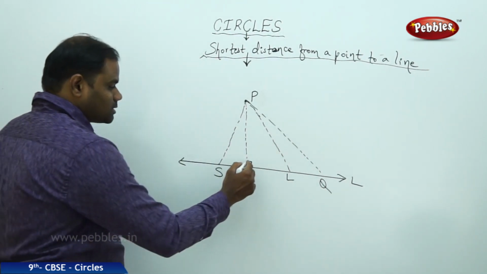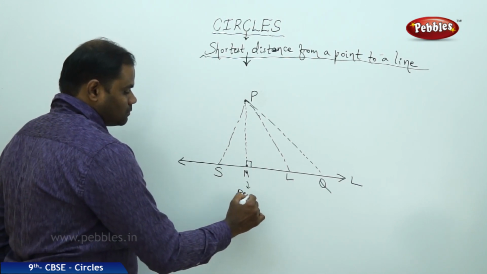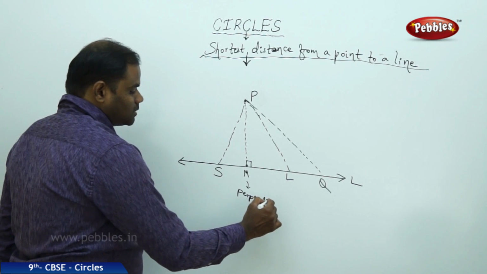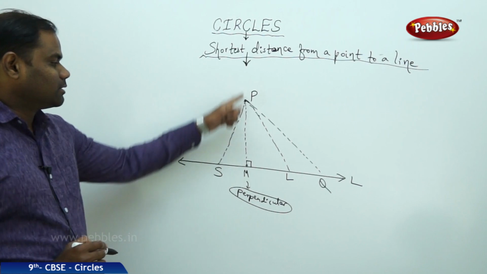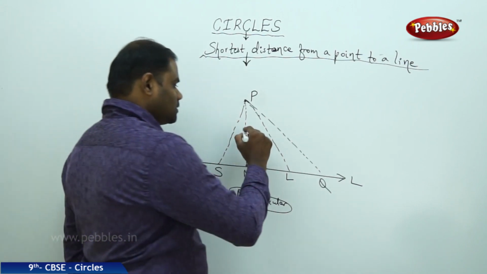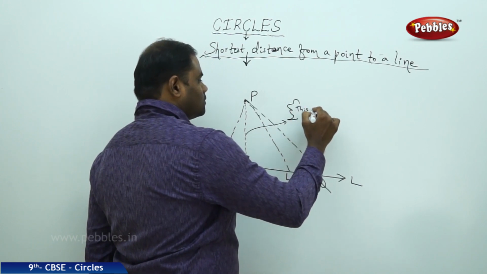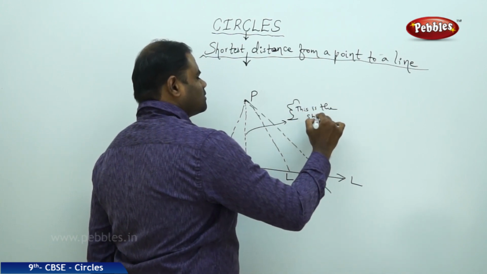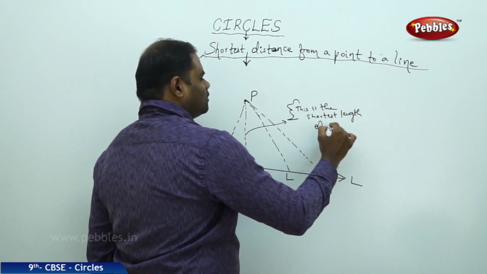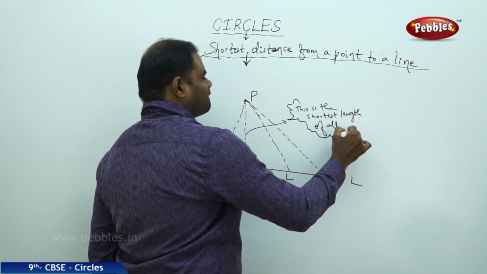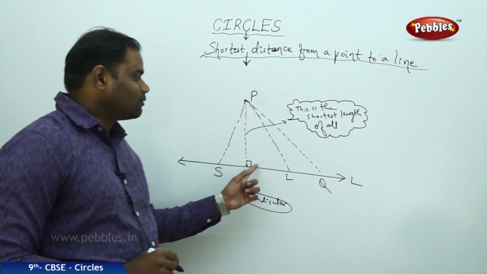Now because this is dropped perpendicular, this makes me understand this is the shortest. This is the shortest length of all, is how we understand the shortest length of all is PM.